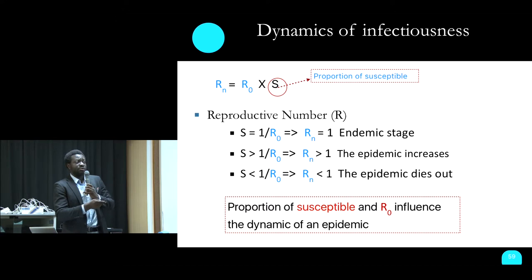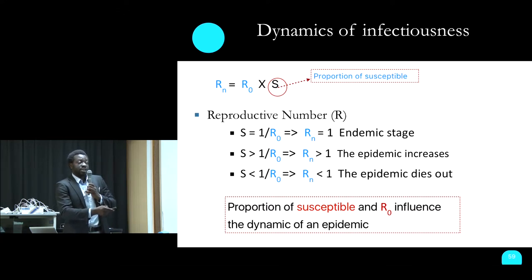So again, we are in this formula here. R effective, our effective reproduction number, equals R naught multiplied by the proportion of susceptible. And this is a very important element to keep in mind: the proportion of susceptible and R naught influence the dynamic of an epidemic.